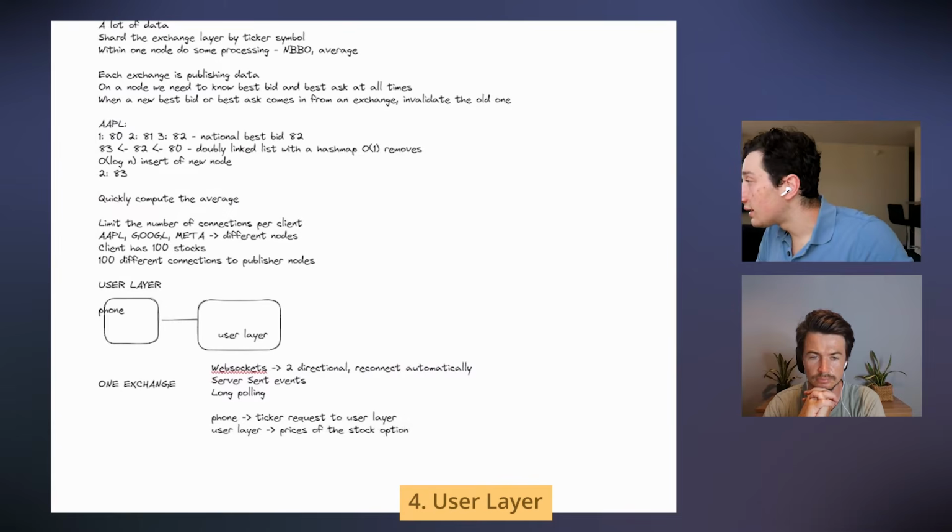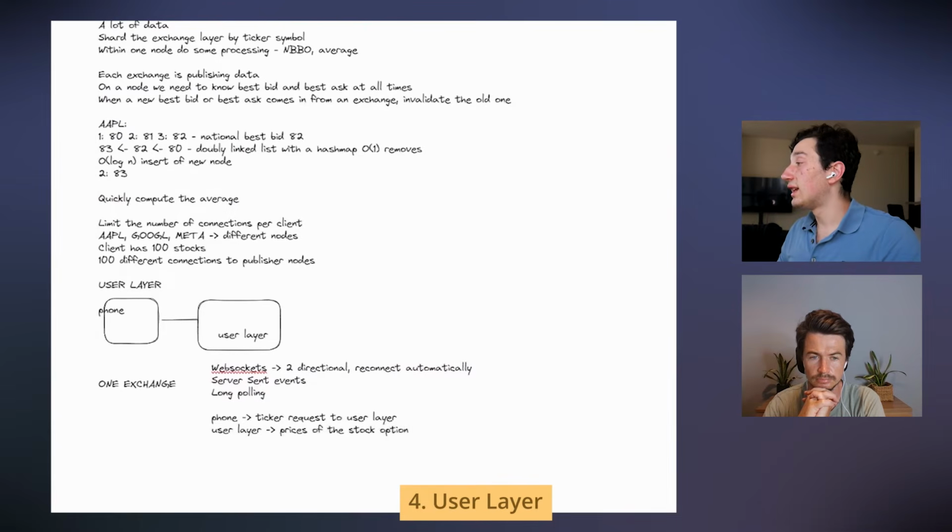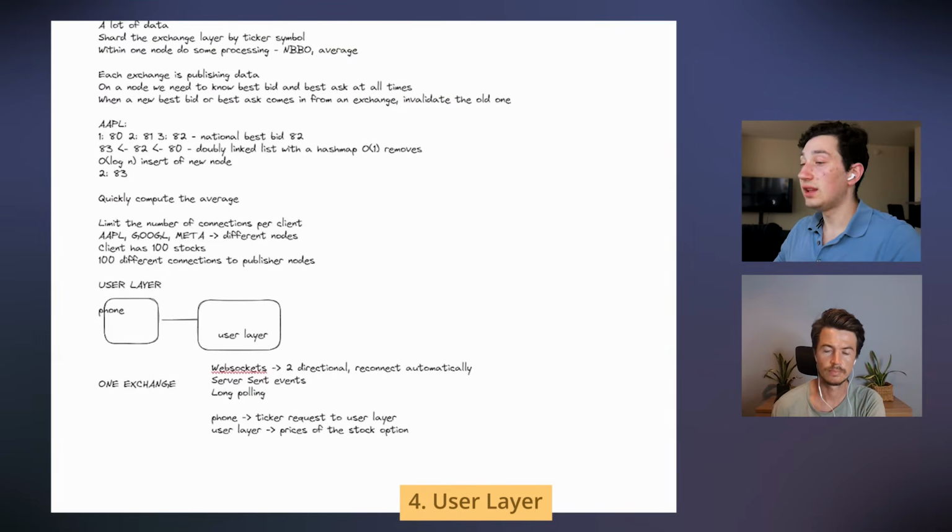Making sure that connection is as fast as possible is going to ensure that we're getting as much data as possible and maintaining a low latency on our phone. And also, keeping one connection between a user device, ideally, and the user layer of our server would be really useful to us.